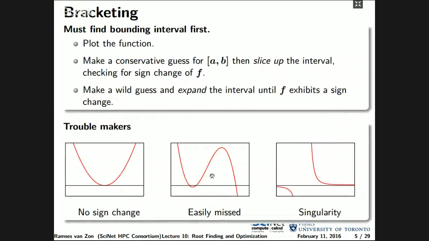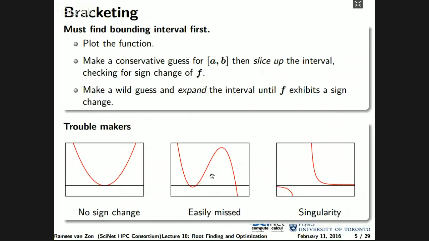Now, even if this is true, we must first find a bracket. Without that, we're pretty much lost. This is more of an art than anything else. You kind of have to know a little bit about your function. If you can spare the cost, you can plot the function and get an idea of where things are, right? You could make a conservative guess, say, okay, I want to know the distance between the Earth and the Sun.